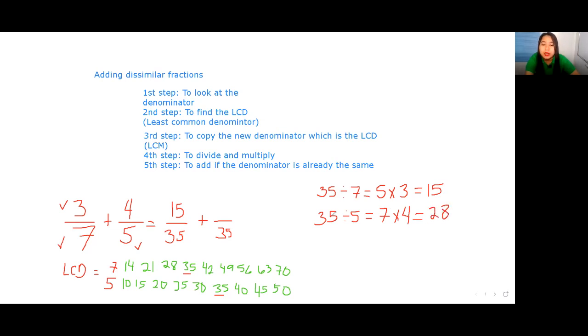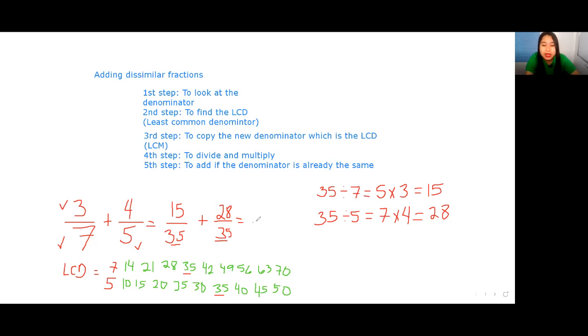And this 28 we will copy and put as the numerator of the second fraction. Now that we are already done with the fourth step, look again at the denominator. So we have 35 and 35. Are they the same?